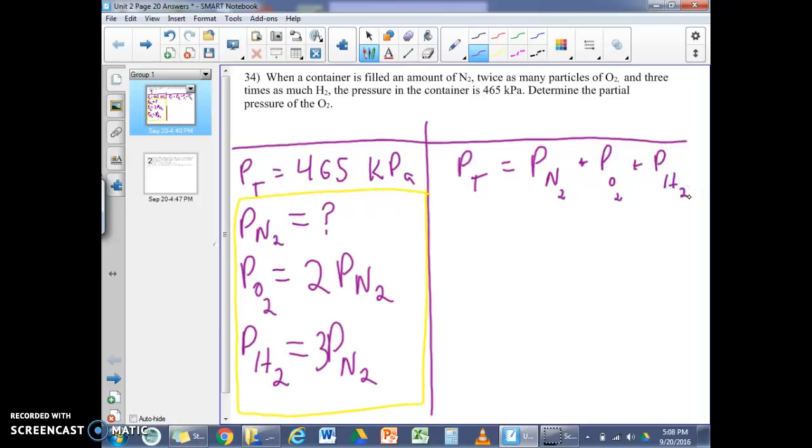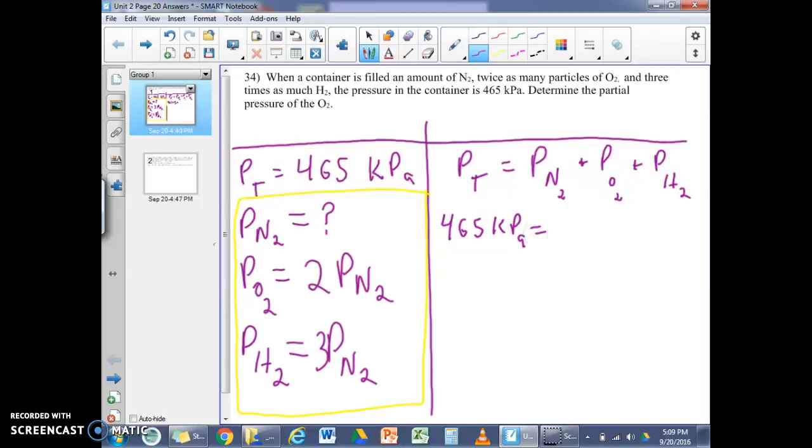In fact, I've got 4 variables in my problem. When I look at my data table, well, I don't have numbers, but I do have information about all of those. So in fact, we can actually go ahead and resubstitute some of these in. I know what the total pressure is. I know that that is 465 kilopascals, so I can plug that value in.